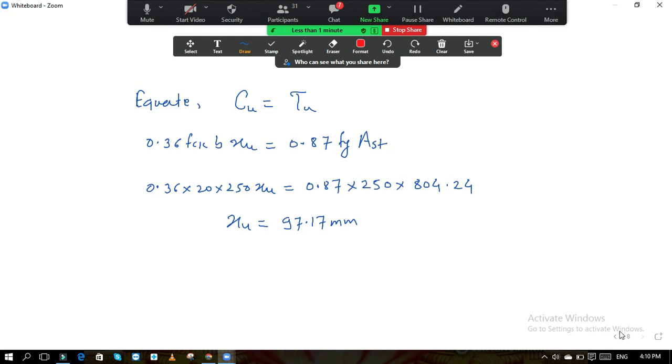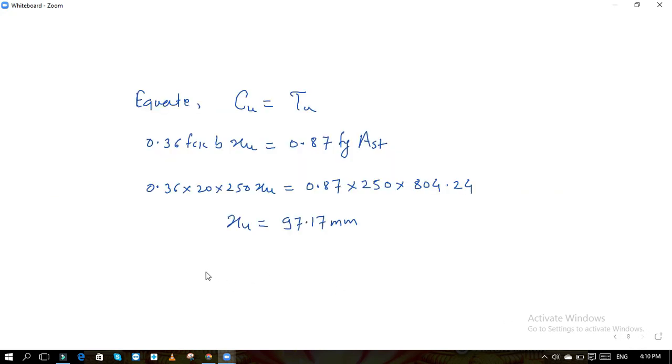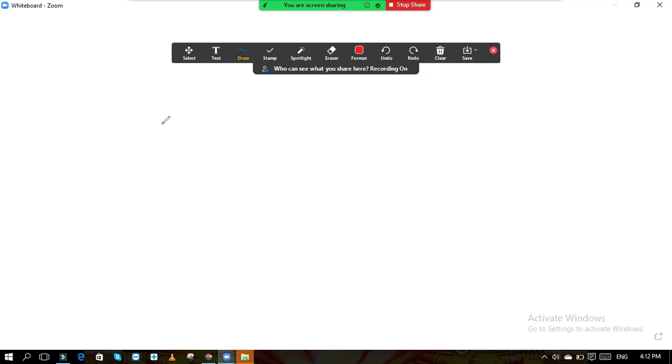So now Fe 250 is given. Okay. So it is 0.53 d. Now Xu max we will calculate. What is the formula for Xu max? So Xu max is equal to 0.53 d, which is equal to 0.53 into 450.